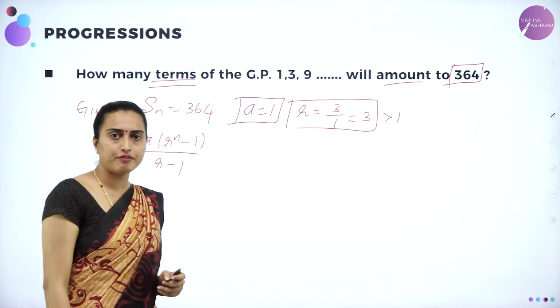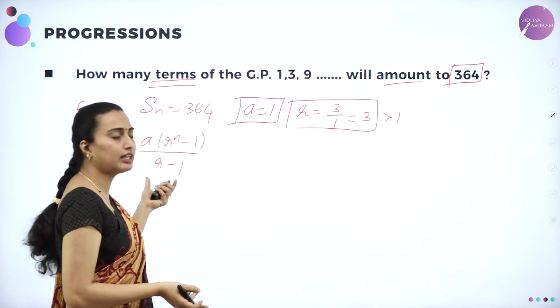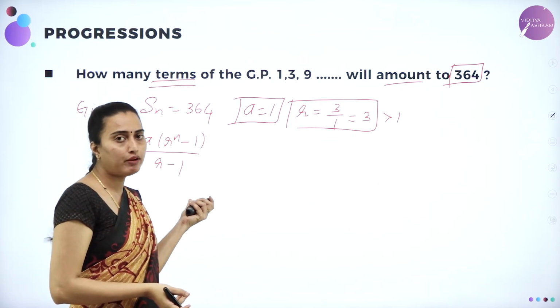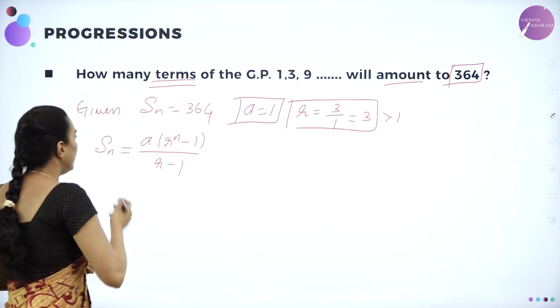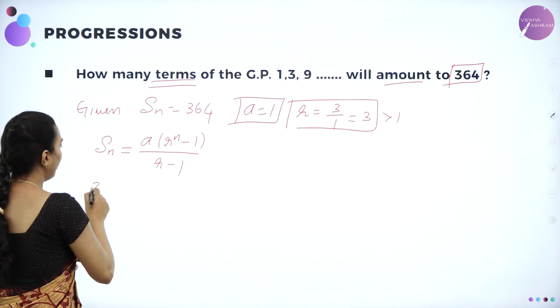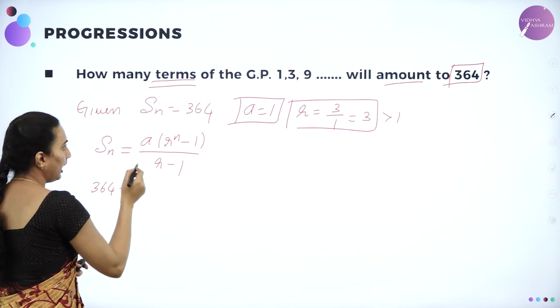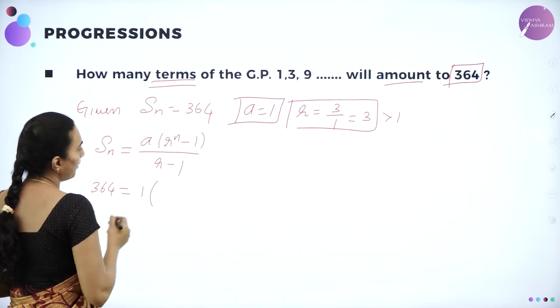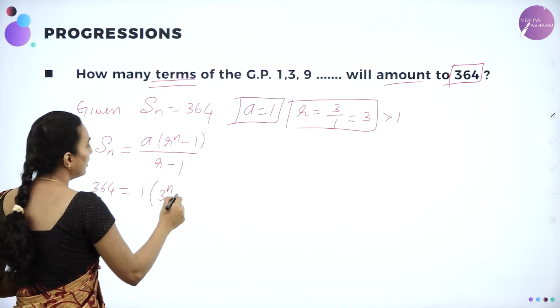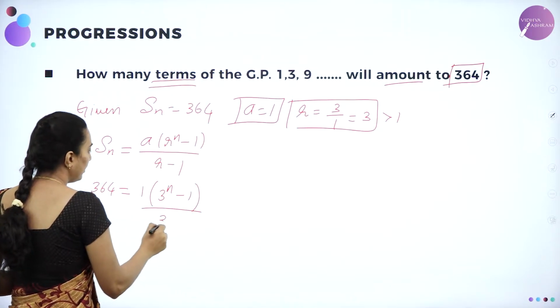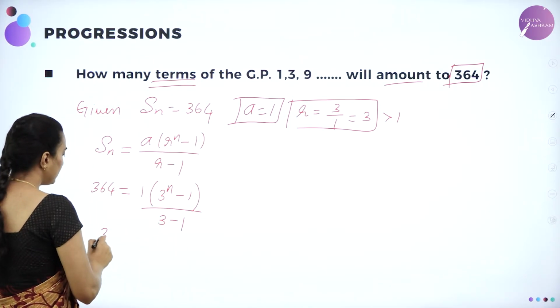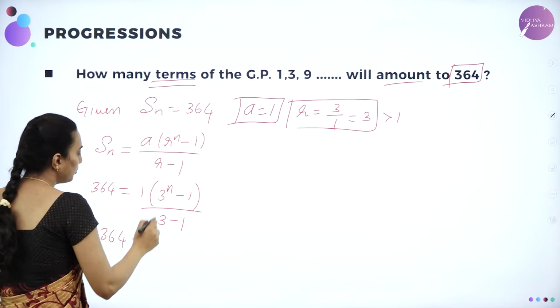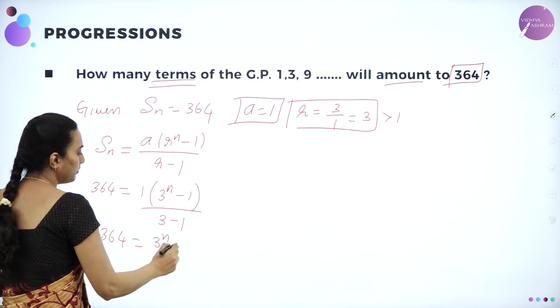Depending upon the r, whether it is greater than 1 or lesser than 1, we are going to use a suitable formula. So here Sn they have given as 364, which implies a = 1 into r^n, meaning 3^n - 1 divided by 3 minus 1, which implies 364 is equal to 3 to the power of 1 into anything will be same thing.